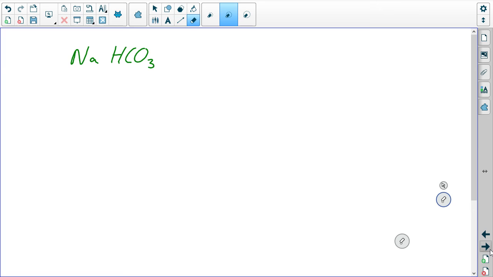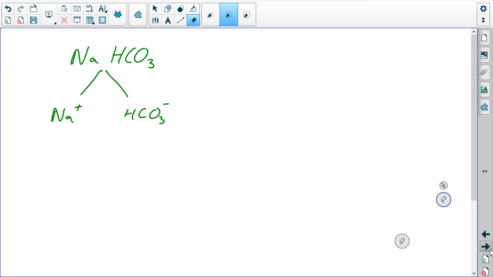Okay? The first thing you have to recognize is that's an ionic compound. So I can treat this as Na plus and HCO3 negative. It's an ionic compound, so it's made up of ions.